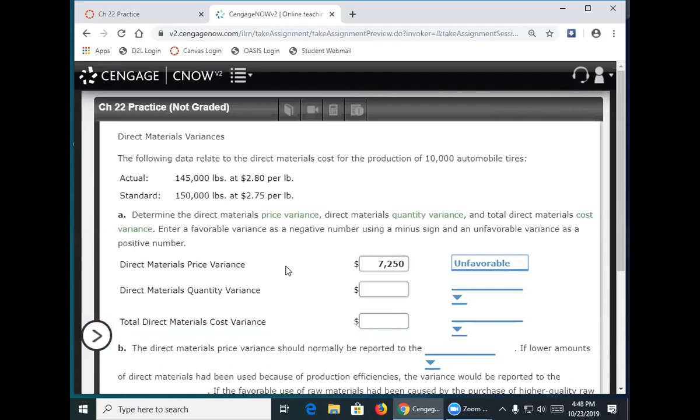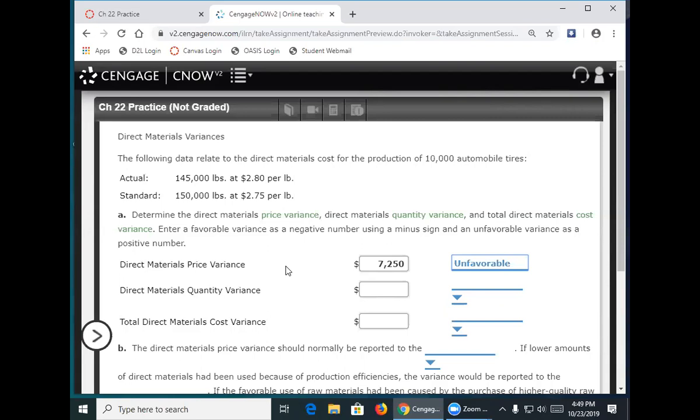Next, we'll do the quantity variance. The quantity formula, and you have that in your notes too, is your actual quantity, the 145,000, minus your standard quantity, 150,000. So actual quantity minus standard quantity, 145 minus 150, times your standard price of $2.75.